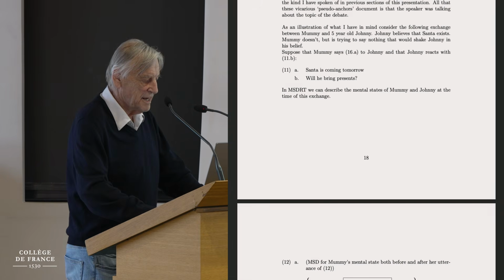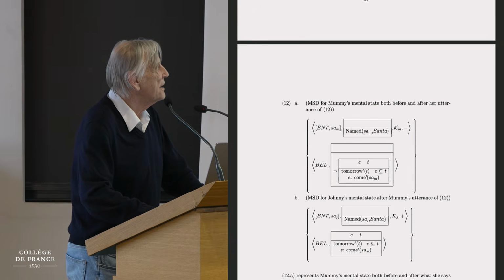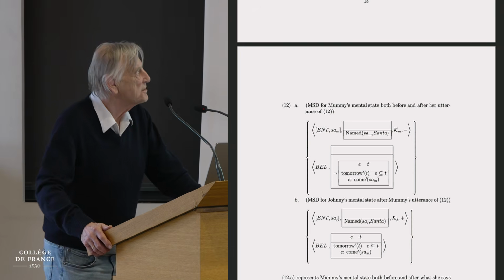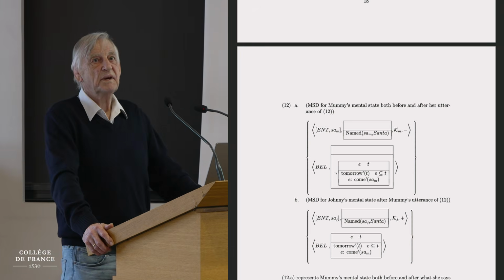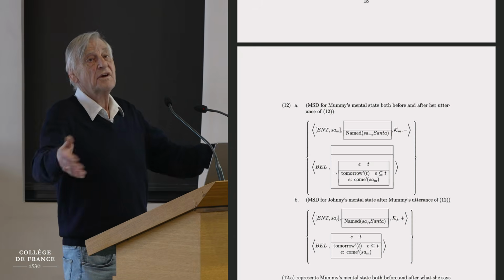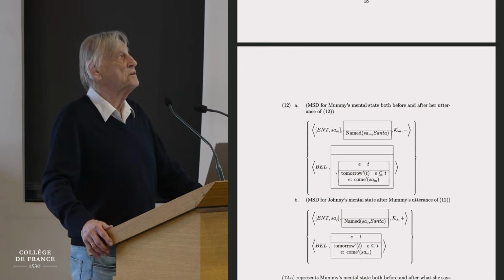And here I've just made a sketch, but I hope it's good enough. That's a comparatively simple representation of the mental state of Mummy and the mental state of Johnny at the time of her utterance.